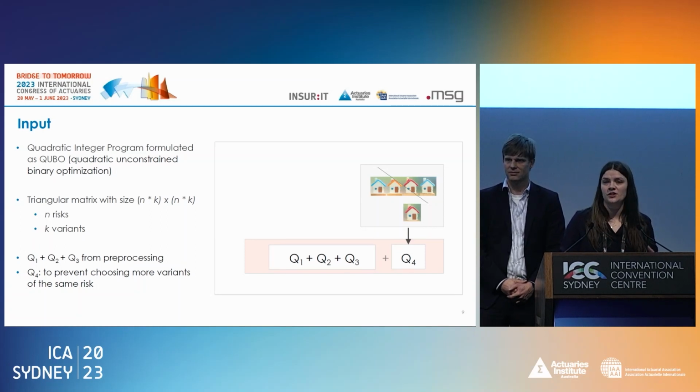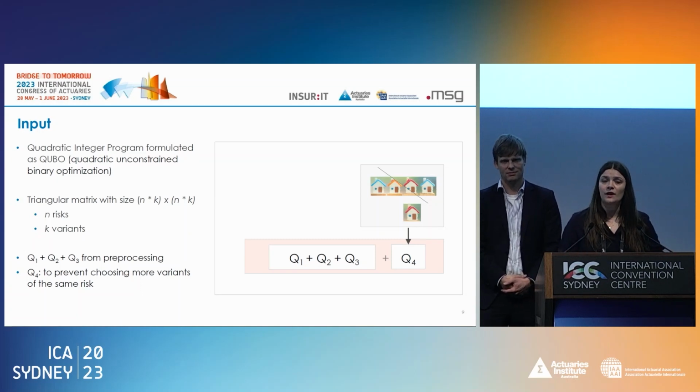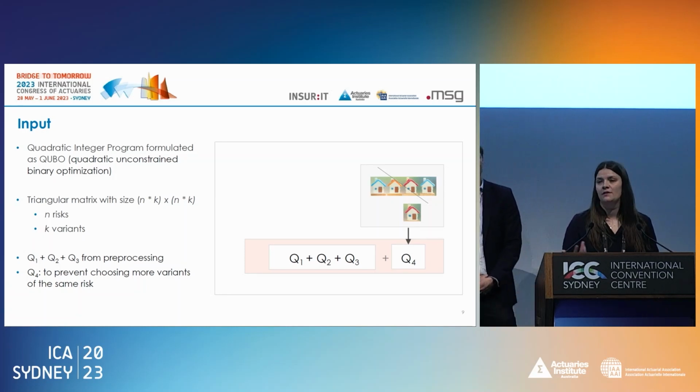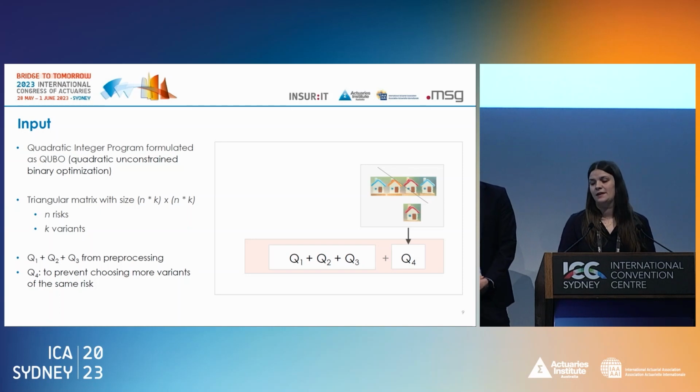A quadratic integer program can be formulated as Ising or as quadratic binary optimization, short QBO. And we went with the QBO. A QBO is a triangular matrix, in our case with the size n times k by n times k, where n is the number of risks and k is the number of variants.